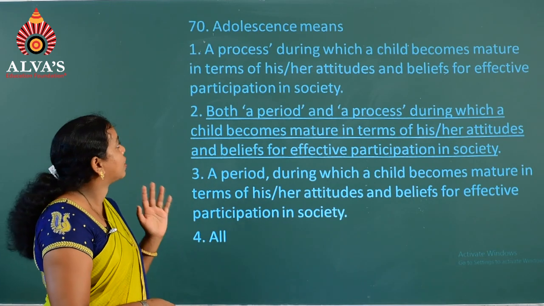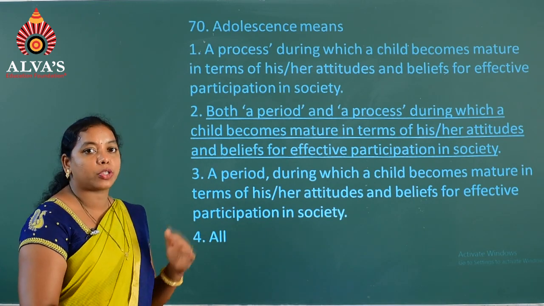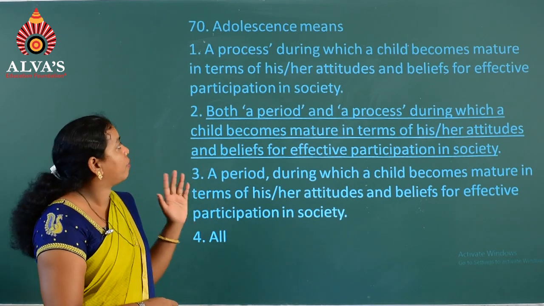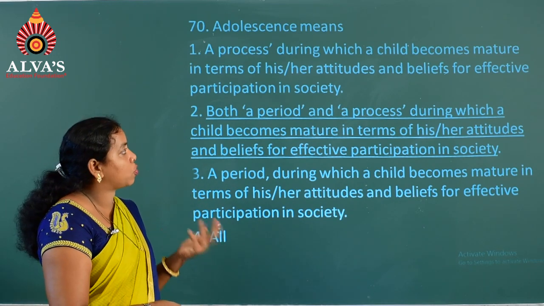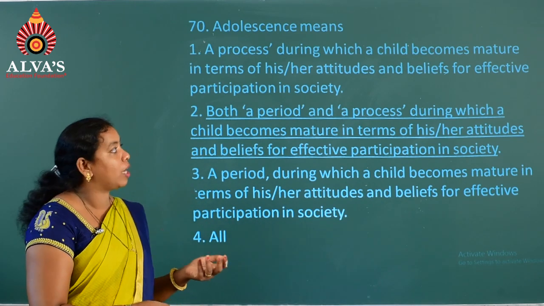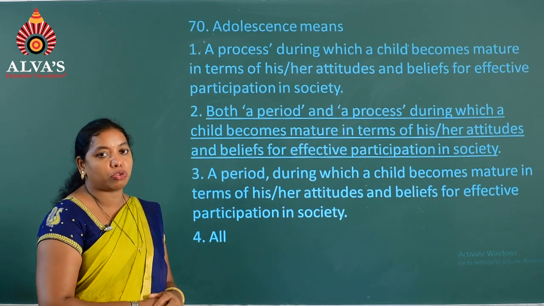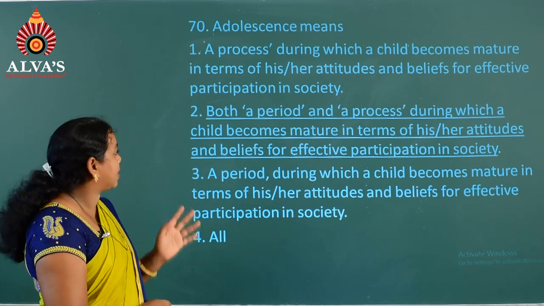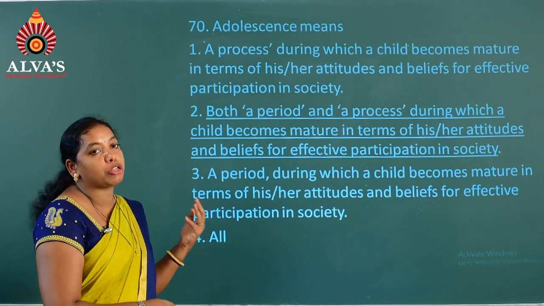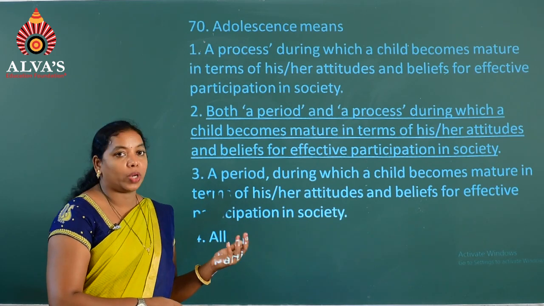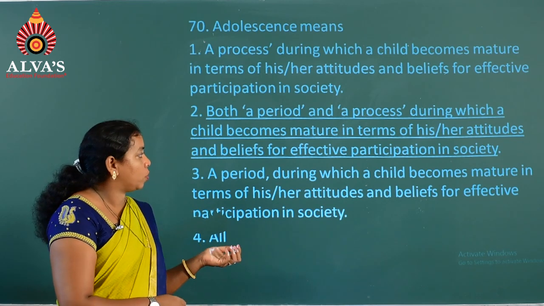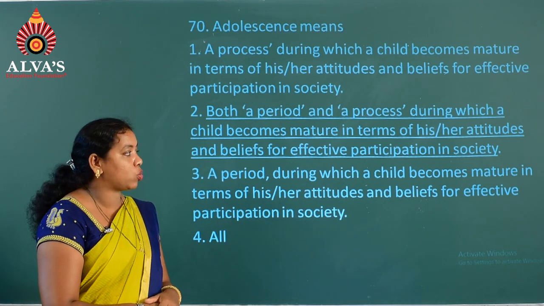Going to the next question, question number 70. Adolescence means, so the definition of adolescence was given here. The first one, it is the process during which a child becomes mature in terms of his attitude, beliefs for effective participation in society. The second one, it is both a period and process during which a child becomes mature in terms of his or her belief or attitude for effective participation in society.